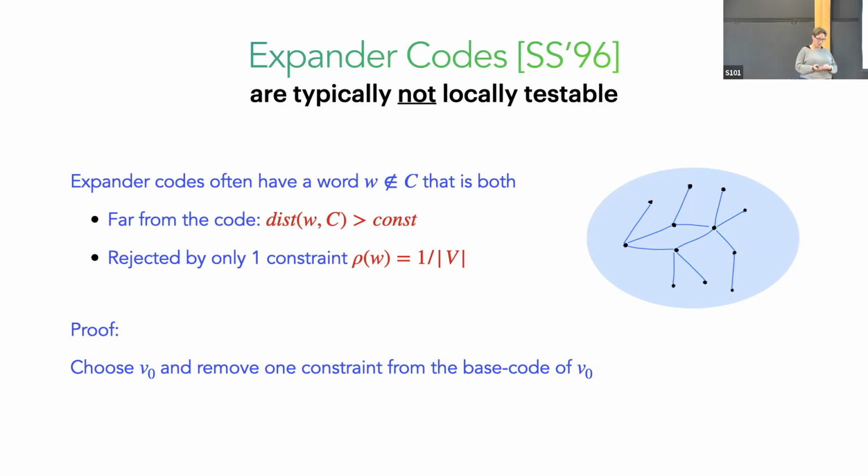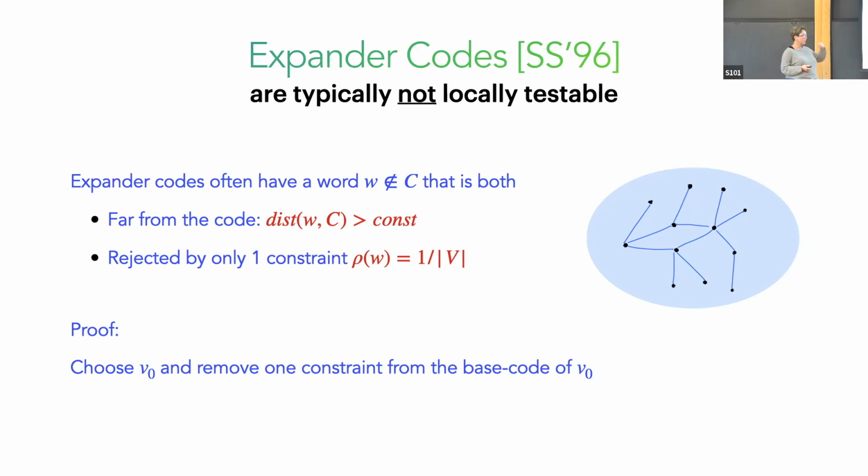Take this V naught and just remove one of the constraints from this base code. And all the other vertices you don't change. You get a different definition of a subspace. And with high probability, it will actually be a bigger subspace because you removed one constraint. With high probability, it will be linearly independent of all the other constraints. So you increase the code by one dimension.